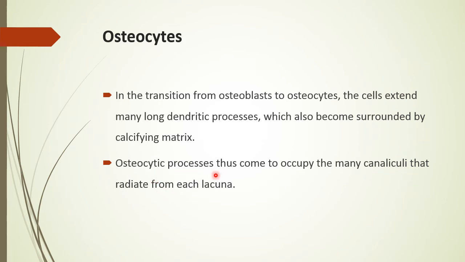These osteocytic processes thus come to occupy the many canaliculi that radiate from each lacuna. The calcifying matrix results in the formation of canaliculi, which are small channels in which these dendritic processes extend. So the osteocytic processes come to occupy the many canaliculi. These canaliculi radiate from where? From each lacuna.